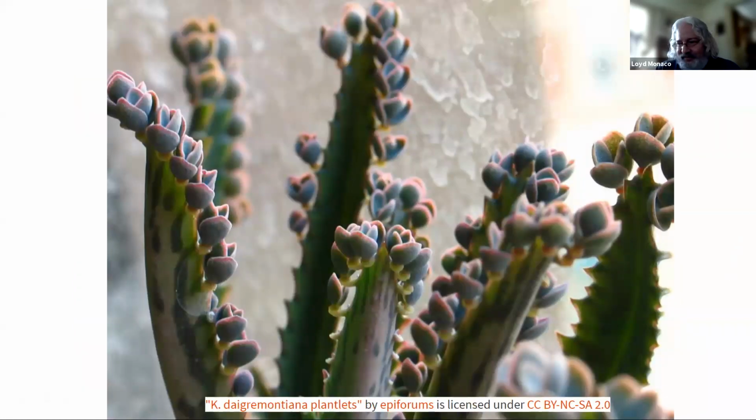Okay, again. Mother of millions or mother of thousands? Any others before I say it?